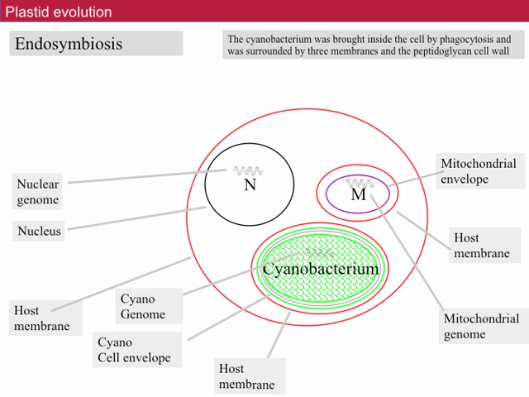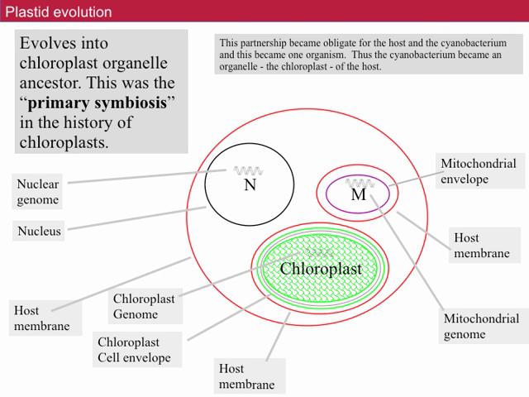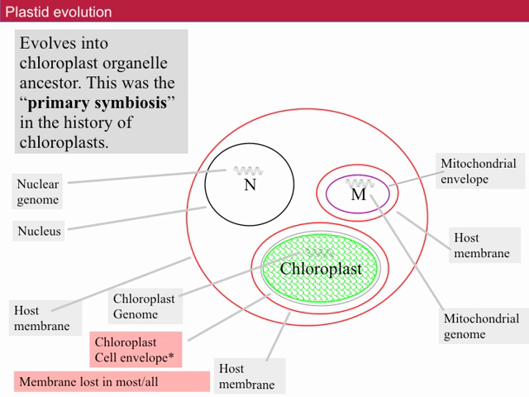Sometime during the course of this evolution, this became a tighter association between the host and this cyanobacterium. And during the course of that evolution, the cyanobacterium, now the chloroplast, lost some of its surface cell envelope. So maybe it lost the outer cell membrane. And as I said before, in the mitochondrial evolution, it seems that all of those alpha proteobacteria lost their peptidoglycan.